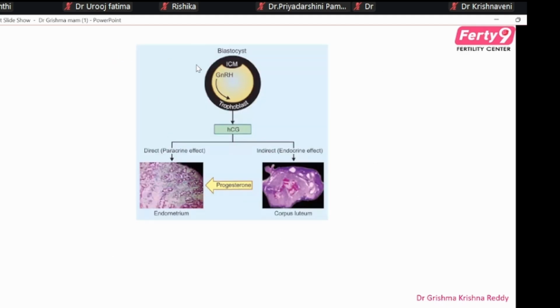So the early blastocyst secretes some amount of GnRH, which in turn induces HCG, which has an indirect effect on the corpus luteum, which produces progestogen, and then this progestogen again acts on the endometrium. So HCG acts directly on the endometrium and indirectly also by producing progesterone.